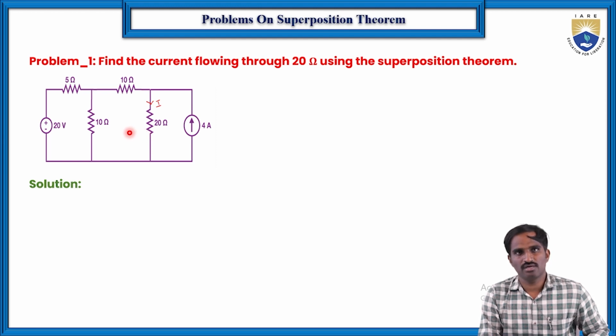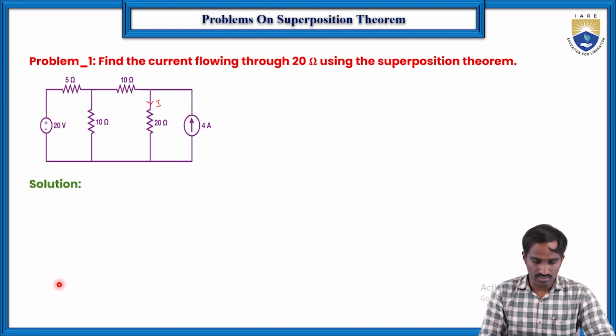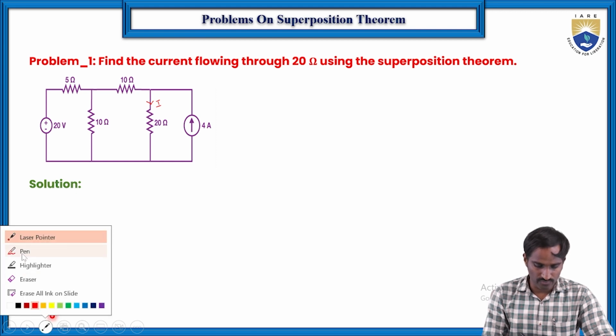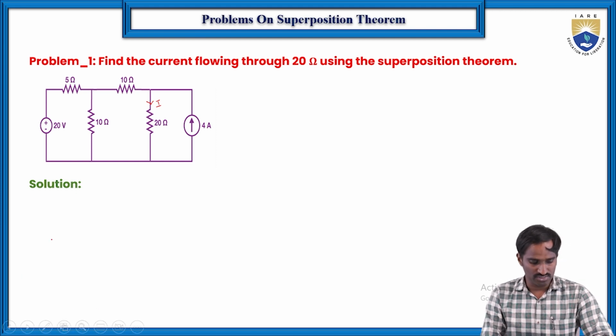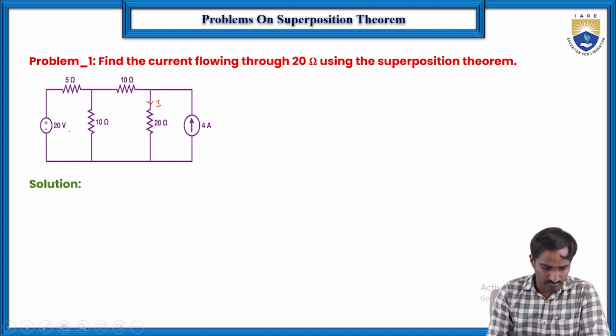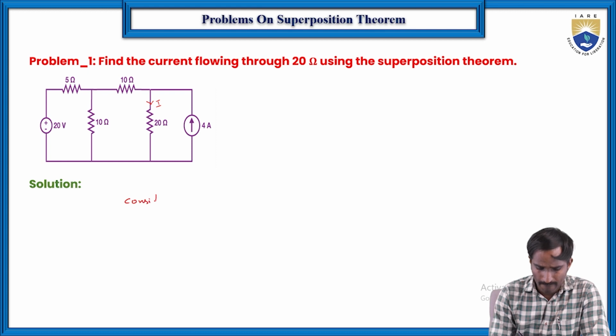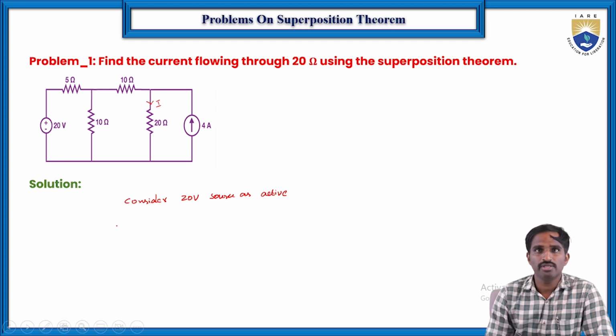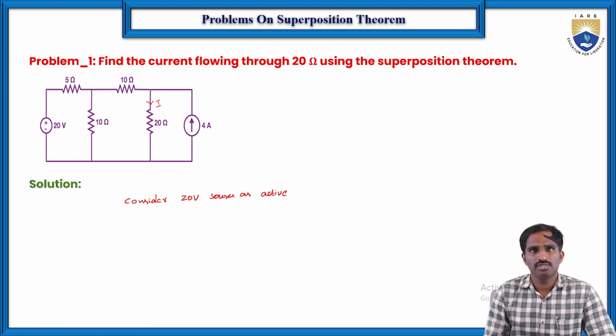First, let us draw the first circuit to find the current flowing through the 20 ohms resistor. Let us consider only the 20 volt source as active.